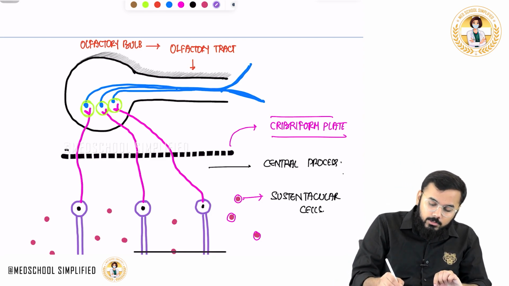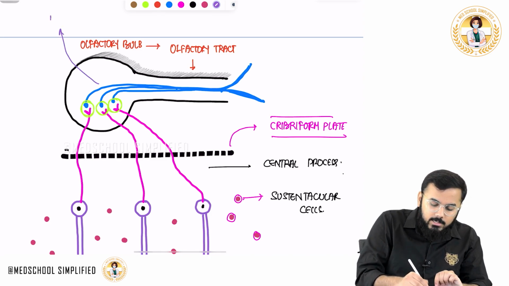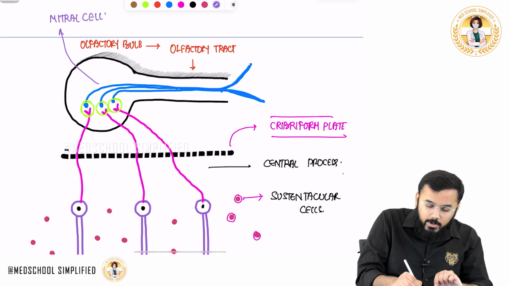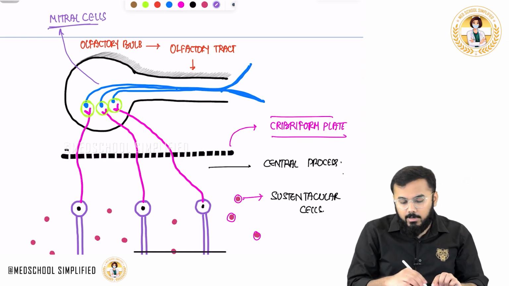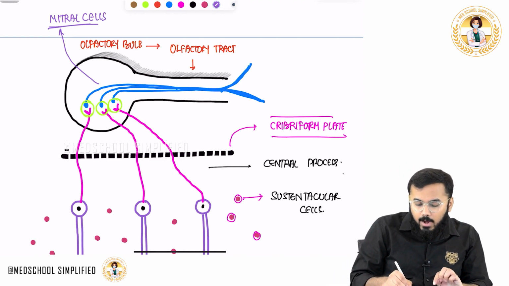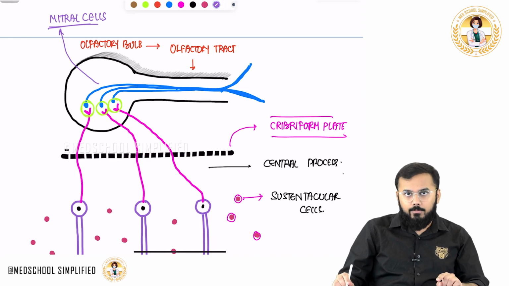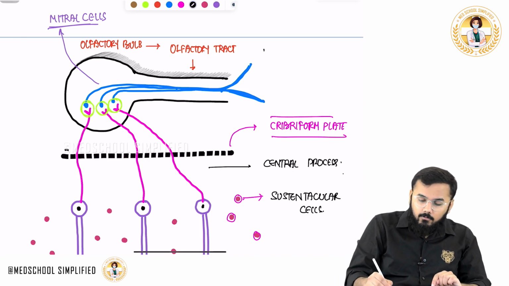This is called a mitral cell. These cells are called mitral cells. Now the fibers of the mitral cells pass through the olfactory tract and divide into two striae. What are these two striae? One is called the lateral stria.